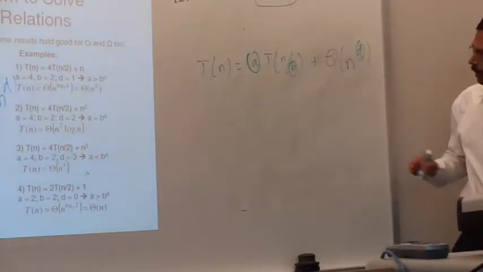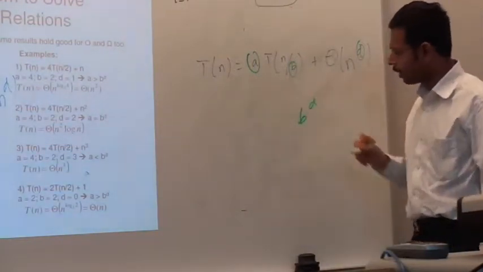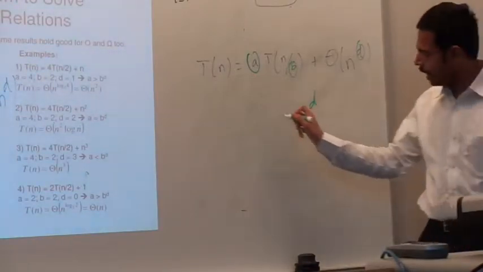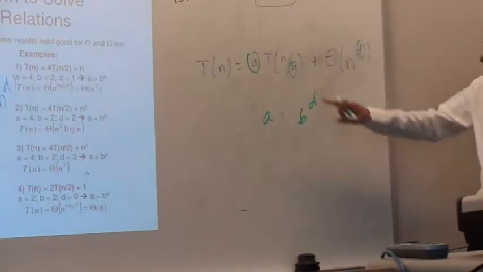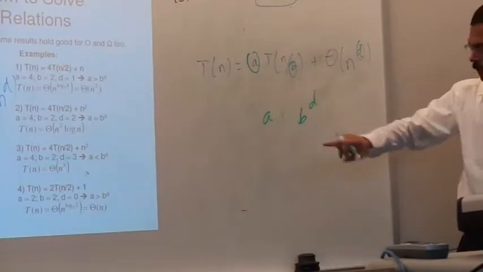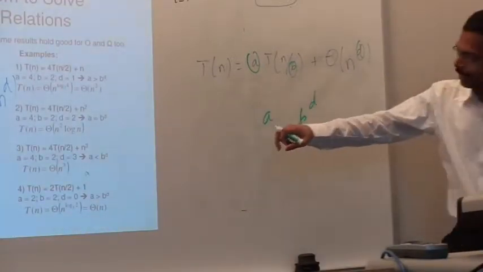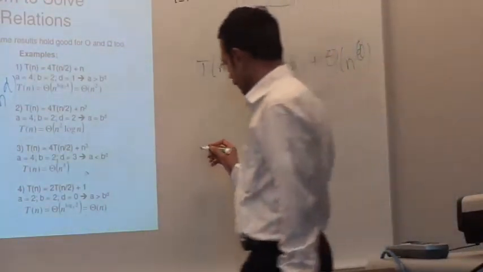So your first job is, given a recurrence like this, compute B raised to D and compare that with your A. Okay? So you have A, B, D. Find B raised to D. Compare with A. The formula is given there. If A is less than B raised to D, then T of n is, as I stated there.